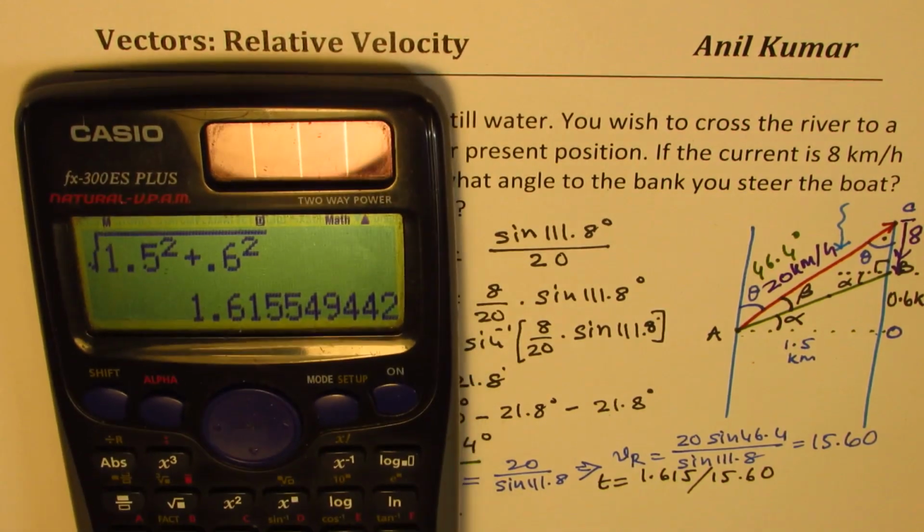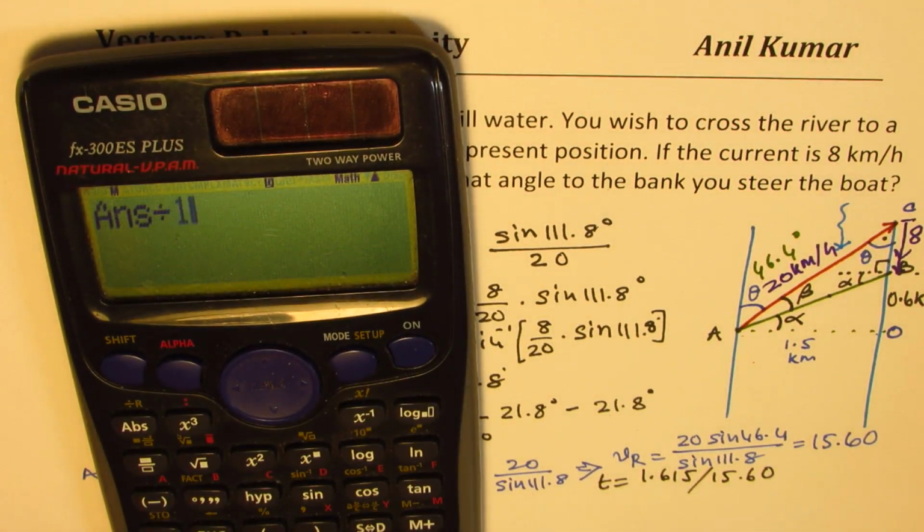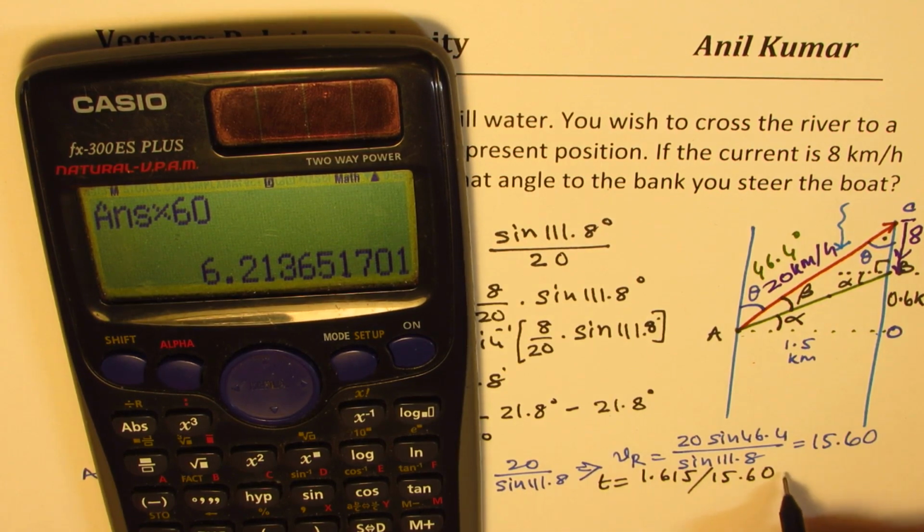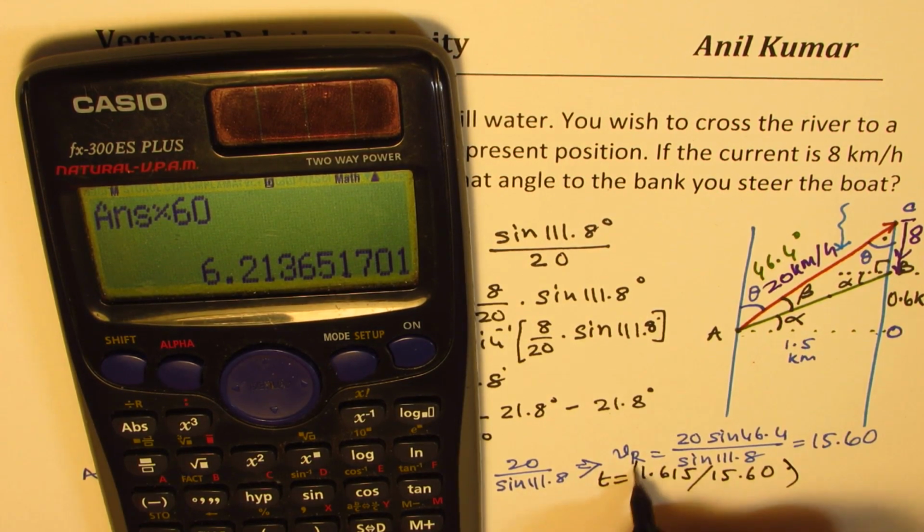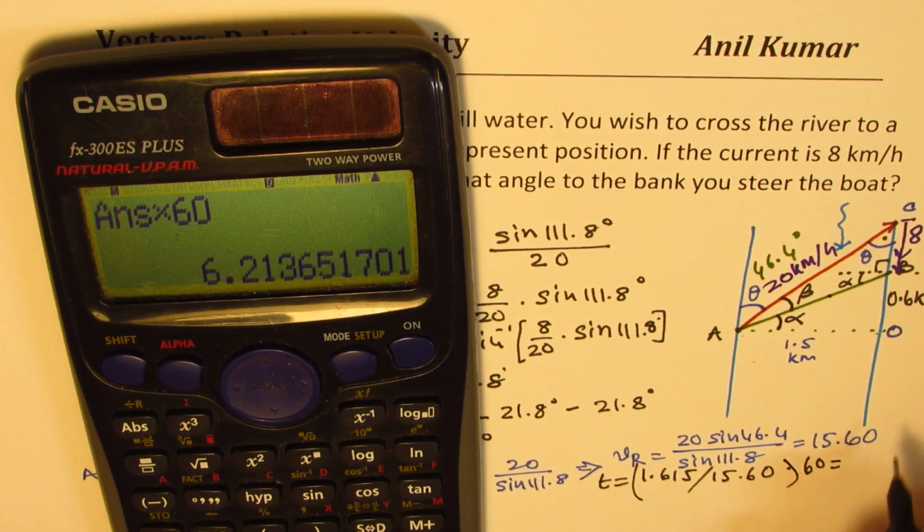So that is the distance with us. We'll divide this by 15.6. We get this time in hours and we'll multiply this by 60 to get it in minutes. And in minutes, it is 6.2 minutes.